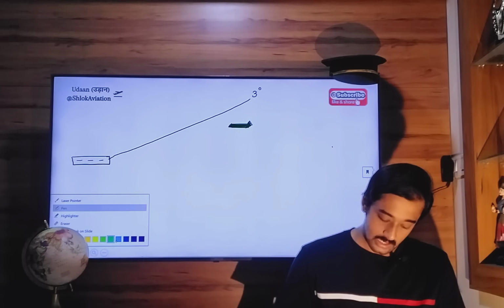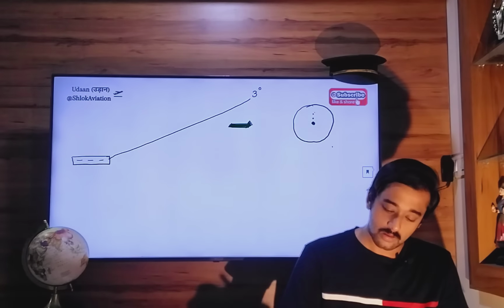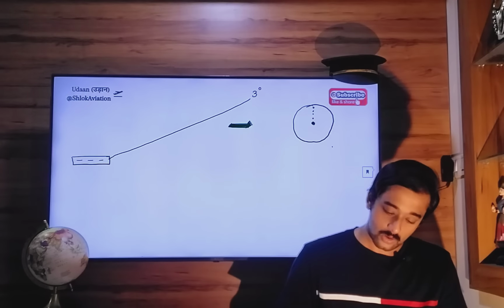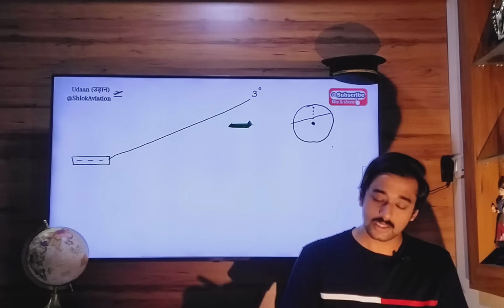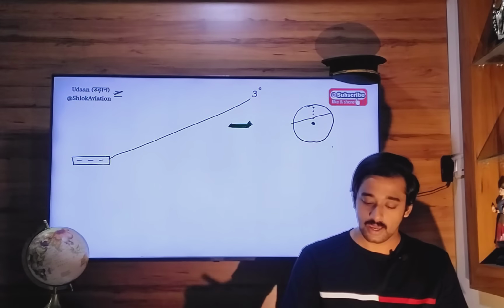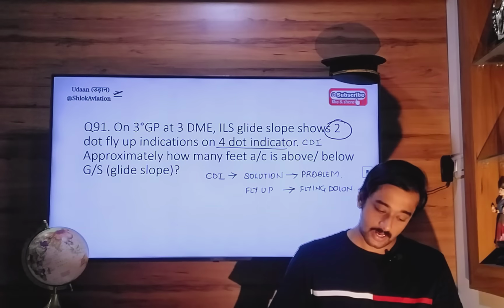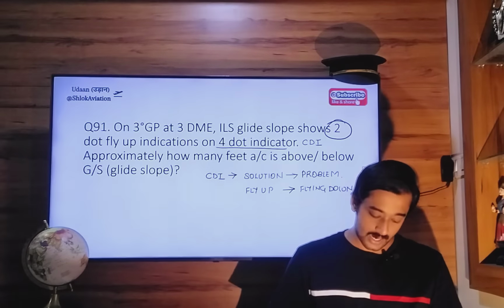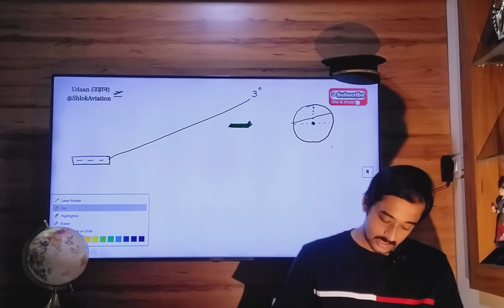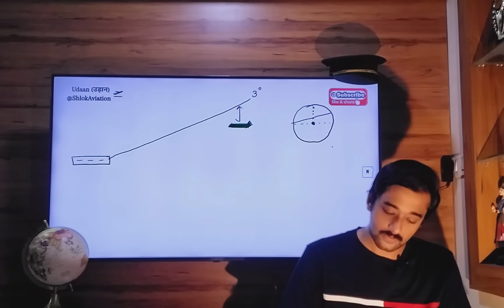And therefore, the CDI indication tells you to fly two dots up. Two dots fly up indication. So we have to find out how many feet you are below the glide slope. So that means this distance you have to find out.